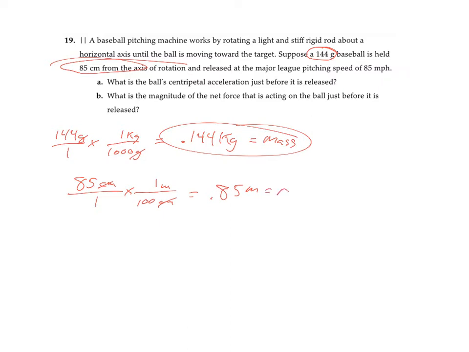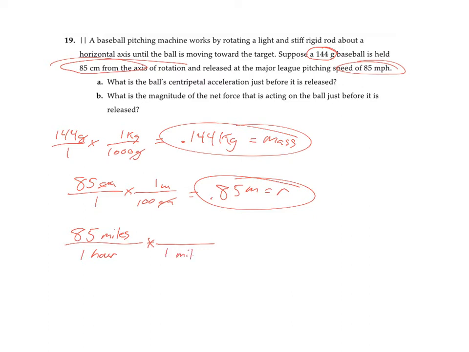And that's the radius. And then I have one more, 85 miles per hour. So I'm doing these in red. 85 miles for every 1 hour. Let's get that to meters per second. So I need to multiply that by 1609 meters per mile, and then 1 hour is 3,600 seconds, per hour.